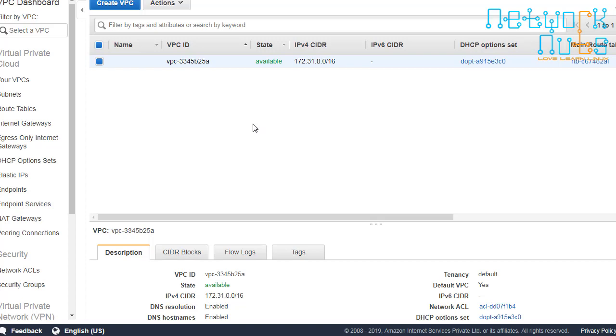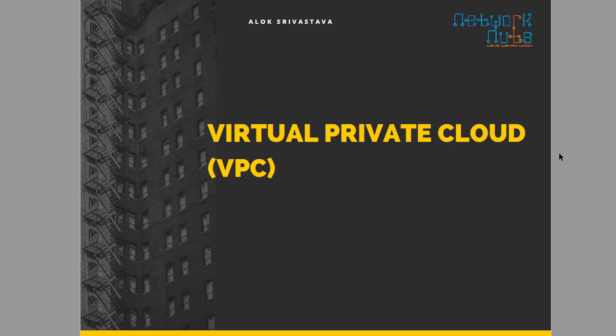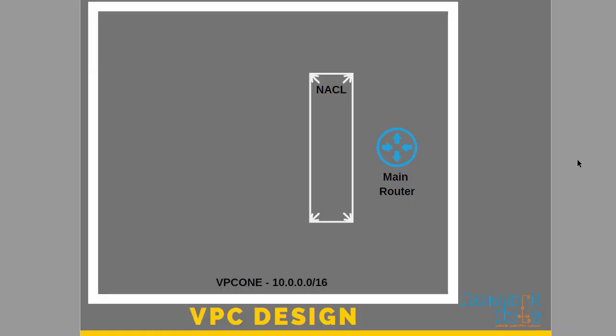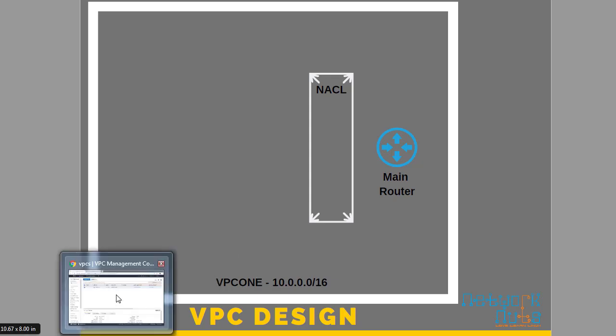So let's start creating a VPC. Using these slides, I will give you step-by-step instructions of what we are doing. A diagram will be appearing, hopefully that will be helpful for you. So when I create a VPC, let's suppose I create VPC1.